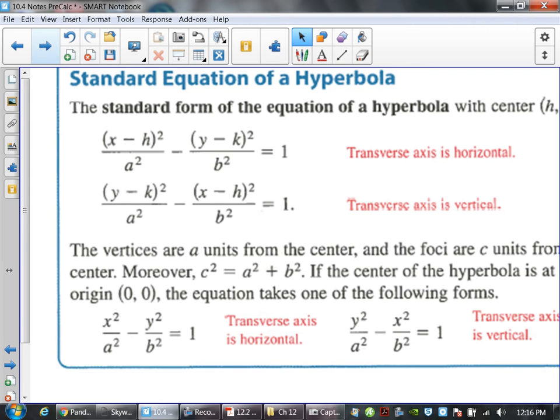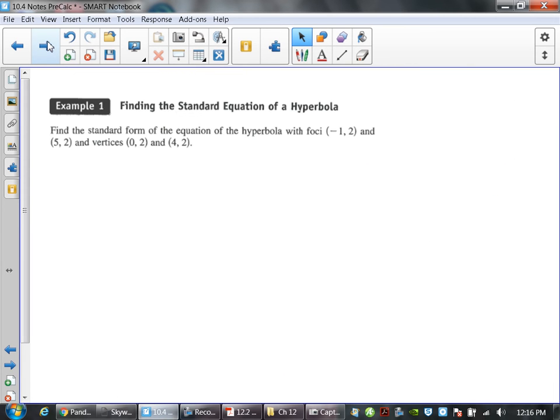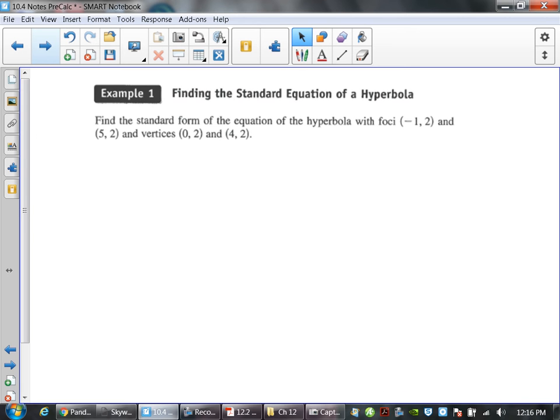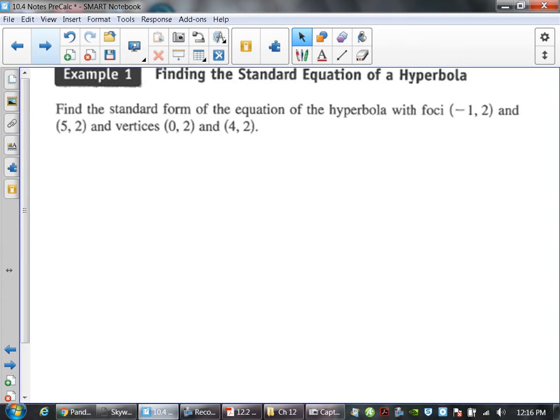To be honest with you, let's just do a problem and walk through. We'll go right with the complete the square thing and go through and list everything out in the graph. It's the easiest way to do this. Find the standard form of the equation with foci at (-1, 2) and (5, 2), and vertices at (0, 2) and (4, 2).